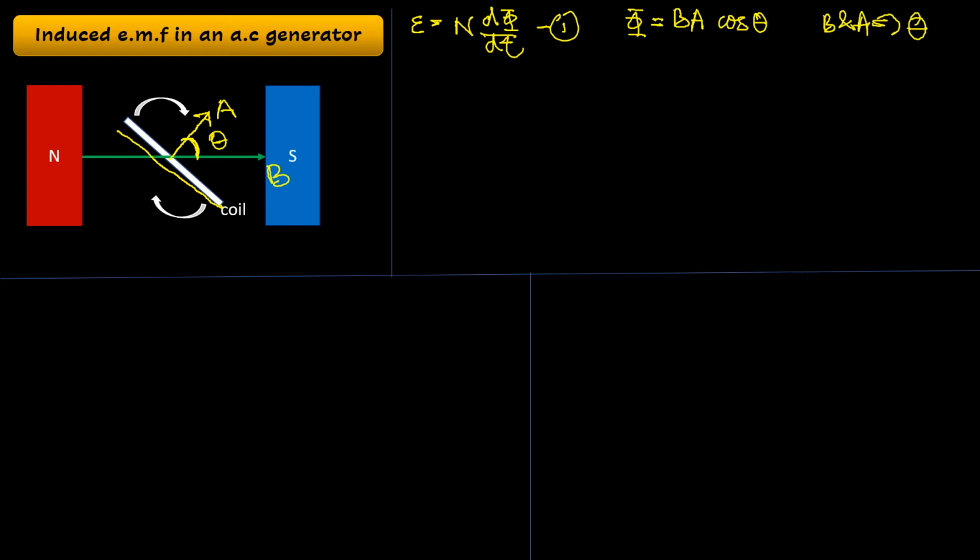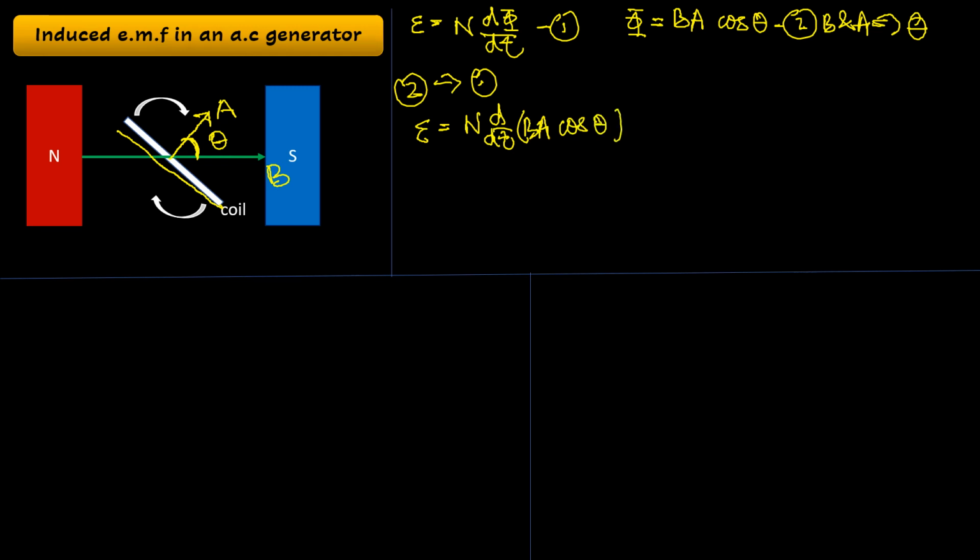So for this one, you have your first equation and second equation. When you substitute equation 2 into 1, you will get induced EMF equal to N d/dt of BA cos theta.